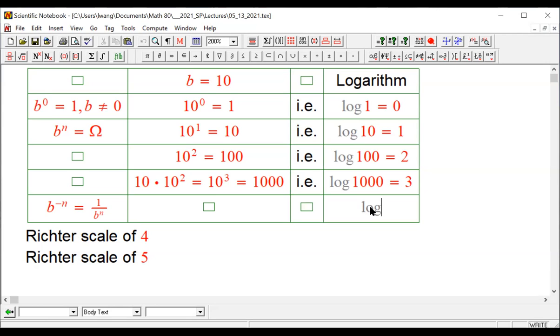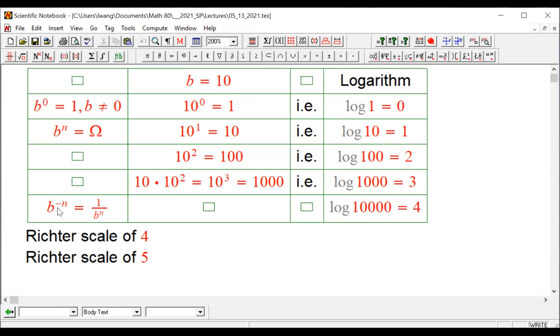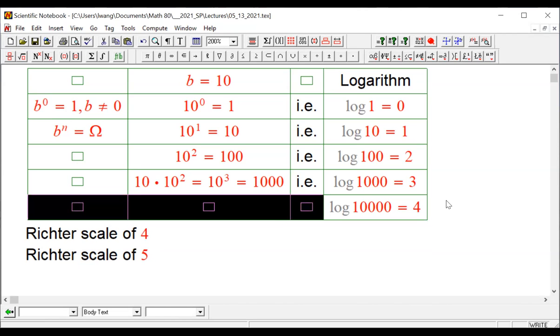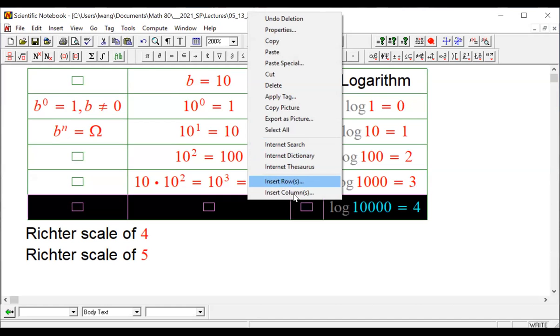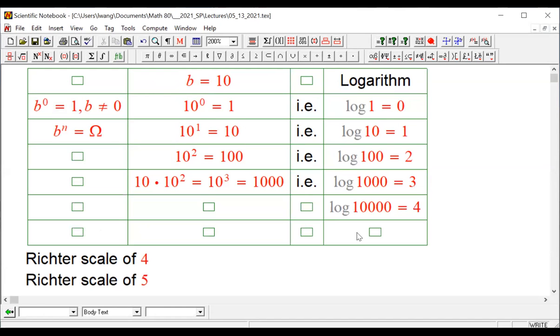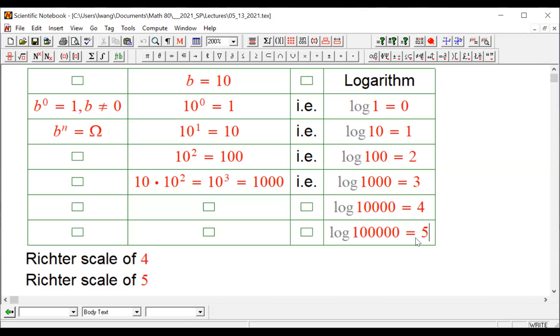I'm going to remove this, because I'm going to make way. I'm going to show you in terms of measurement, with the power. So logarithm of 100,000 equals 5.